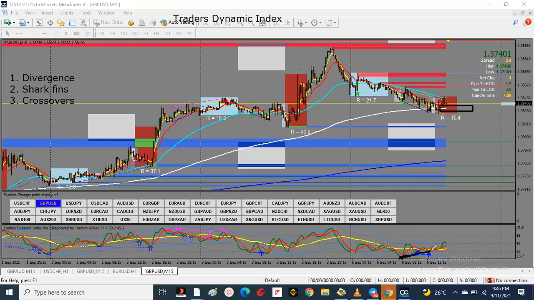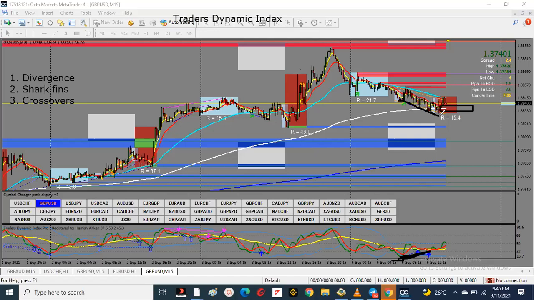Look at what happened there. You can see that here, TDI is signifying an uptrend. TDI is going up, but look at market. Market is going down. Can you see it?